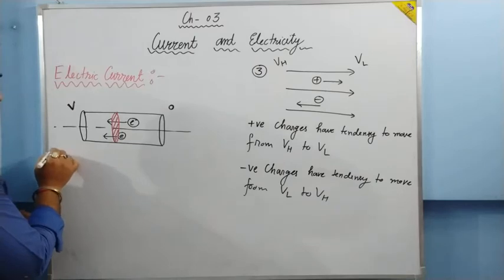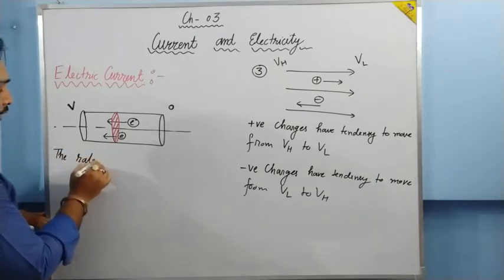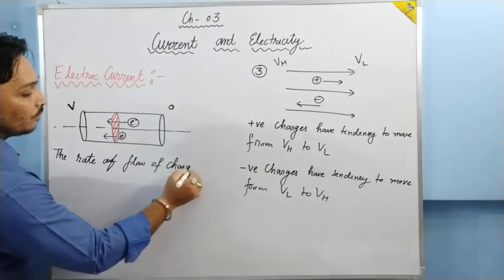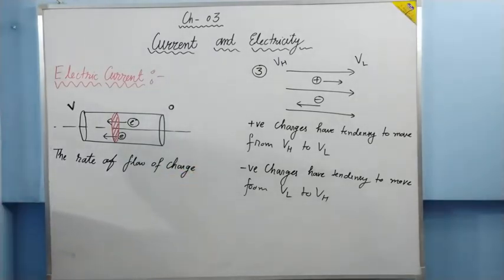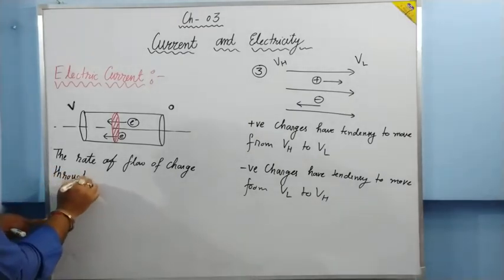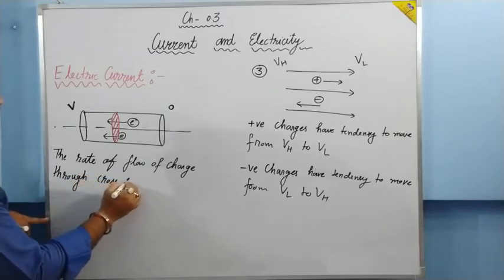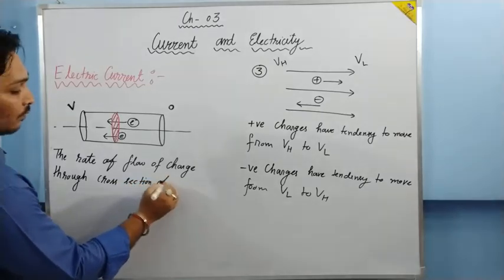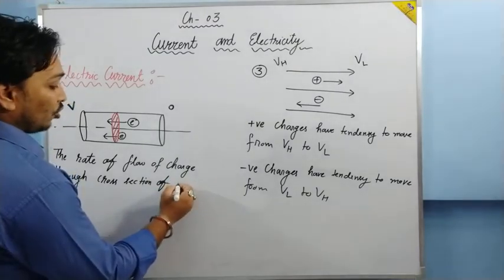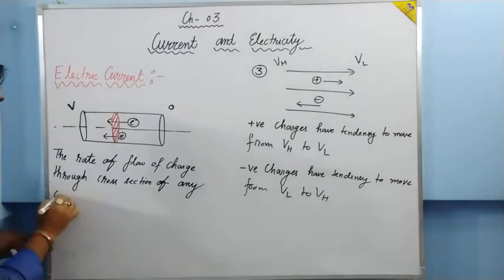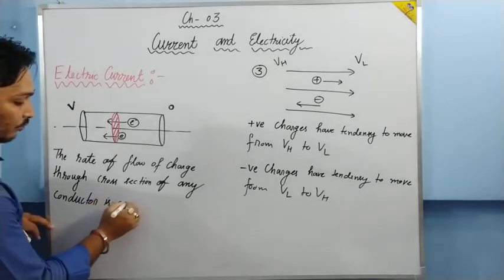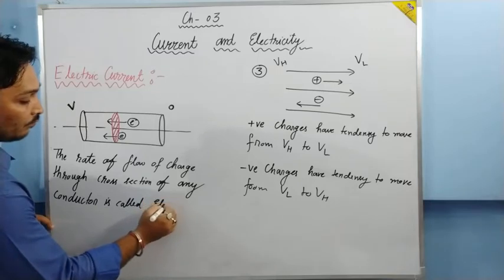We say that the rate of flow of charge, meaning charge flowing per second through the cross section of any conductor, is called electric current.